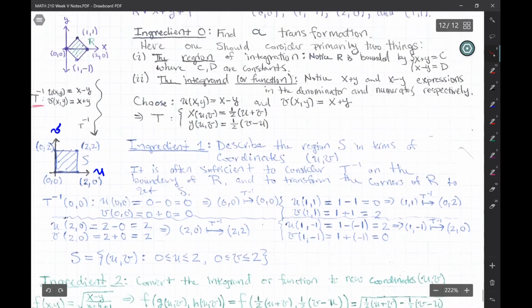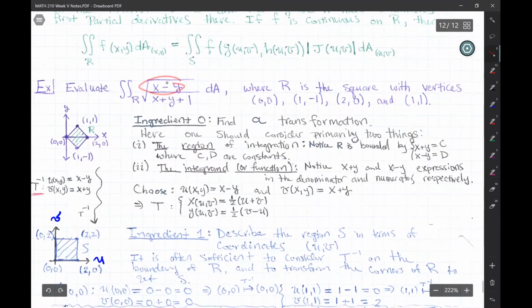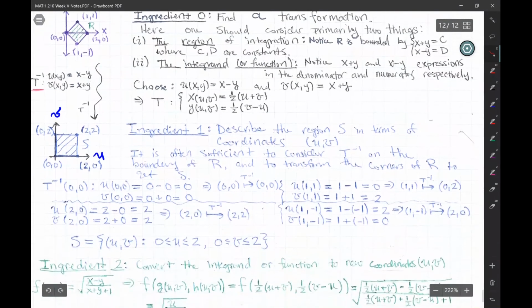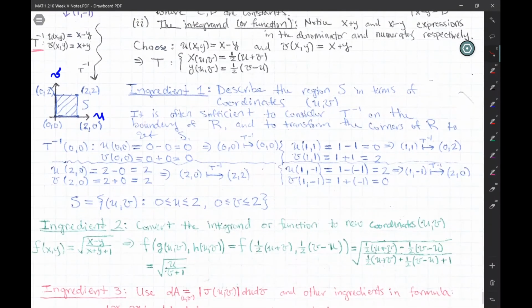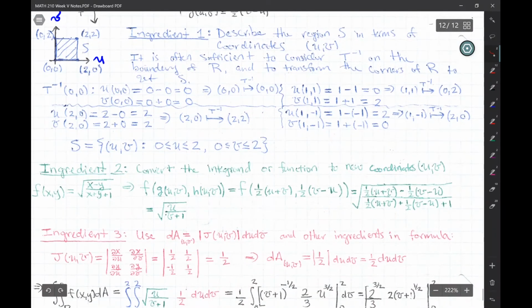Of course, one may say it's easy to notice that that's just equal to u right there. And that's absolutely fine. I'm just giving a systematic way for you to do this, even if the function was a little more complicated.